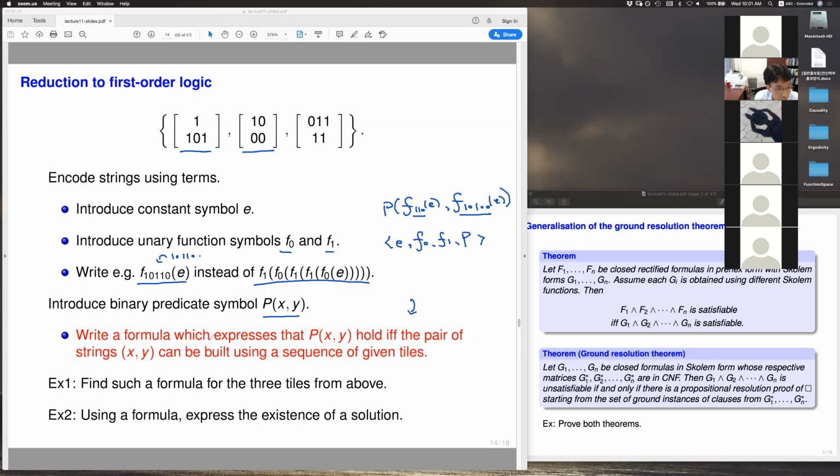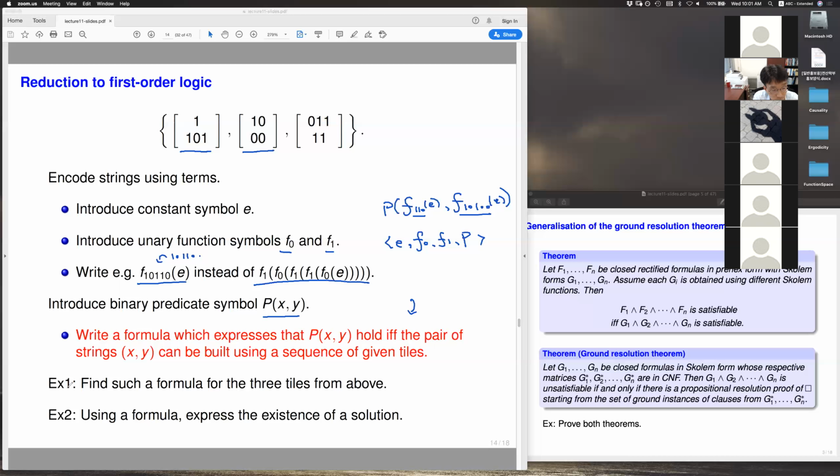So now here are two exercises I want you to do. The first exercise is to design a formula that expresses this highlighted red part of the slide. That first order logic formula, for this specific instance of the PCP problem, should say P of x y is true if and only if the pair of strings can be built by a sequence of these three tiles.